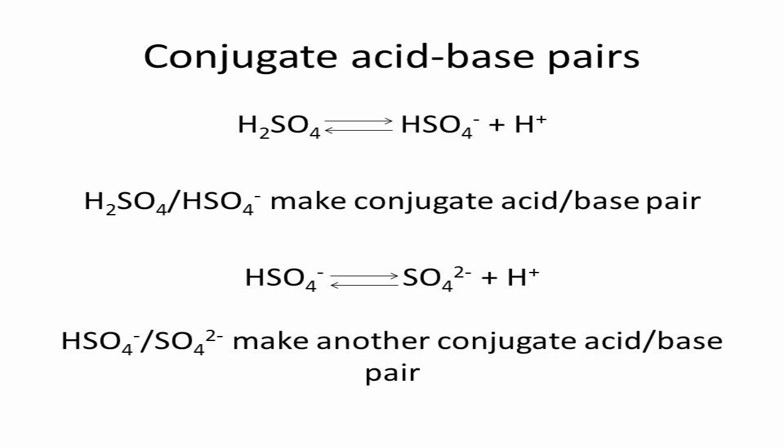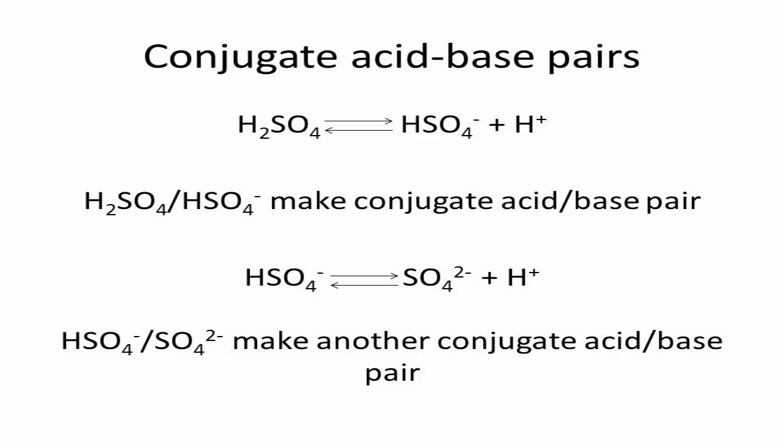So the pair of sulfuric acid and this ion make a conjugate acid-base pair because they can form each other.